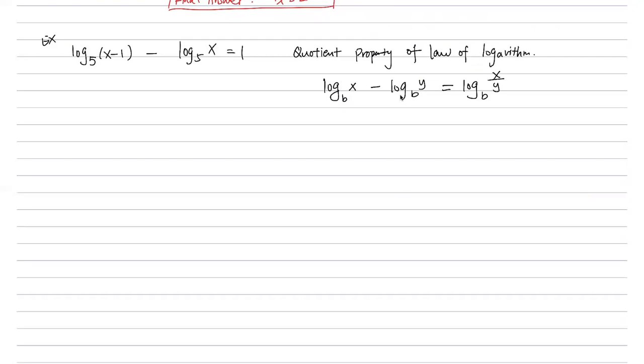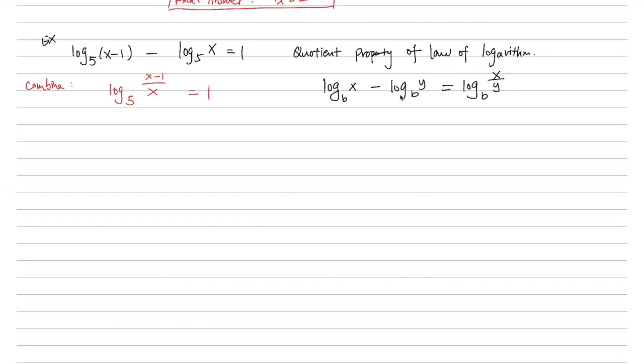So in this case, I will change my minus, combine them. So I will have log base 5 of x minus 1 over x, which is equal to 1.